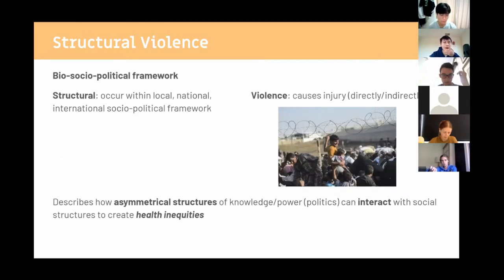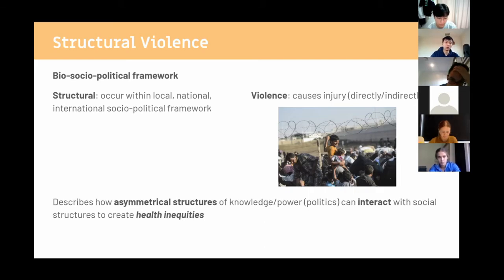Structural violence. Structural violence is something that came up in the late 1990s, and it's basically a biosocial-political framework. The structural in structural violence refers to how it occurs within the local, national, or international social political framework. So it's something that kind of isn't in your control, because of the government, or because of a war next to you, or because of the war that your community started.